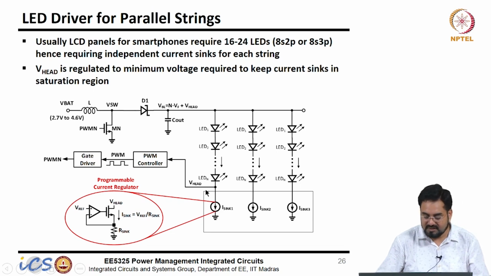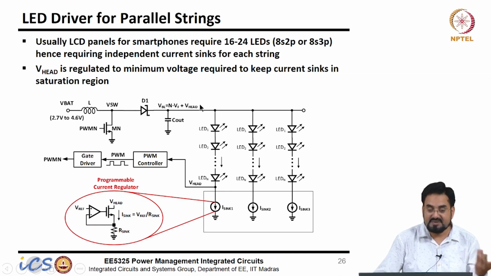But now you may ask why this V head feedback is required, we already have a feedback here. The reason is that this voltage required is a very high voltage. So, how do we know what voltage to regulate at? One brute force way is that if you know what V head is required here, and you add all the number of LEDs you require here, then you know what voltage is required from this formula.